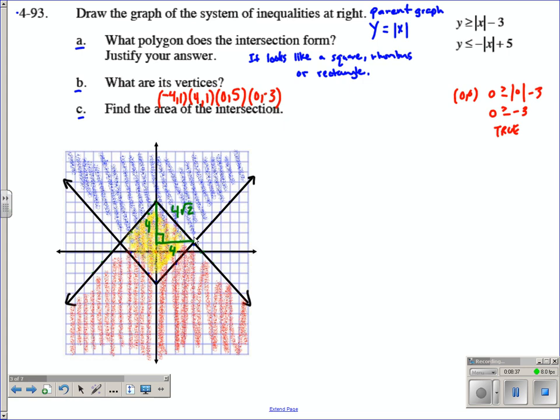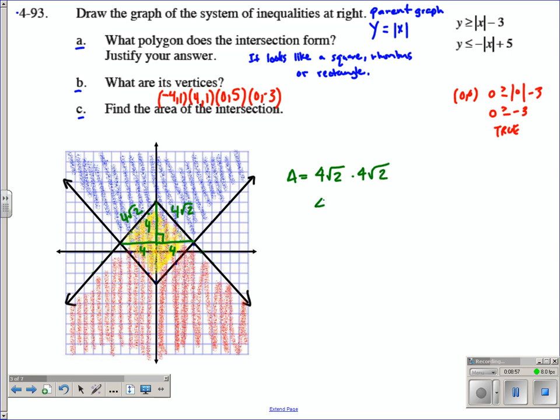Well, if this one's 4 radical 2, then this one's also going to be 4 radical 2 because this is 4 by 4, and then we'd have 4 radical 2. To get the area, we're going to do 4 radical 2 times 4 radical 2.